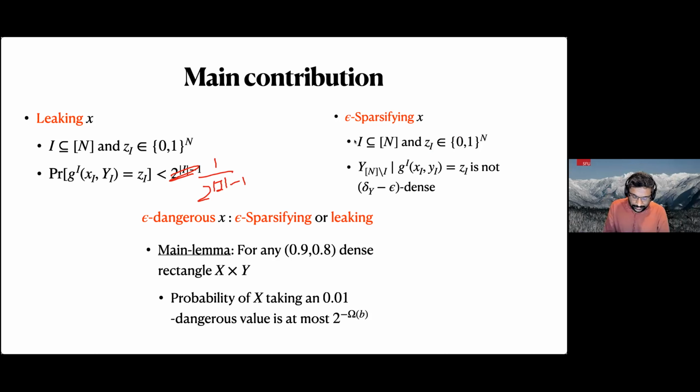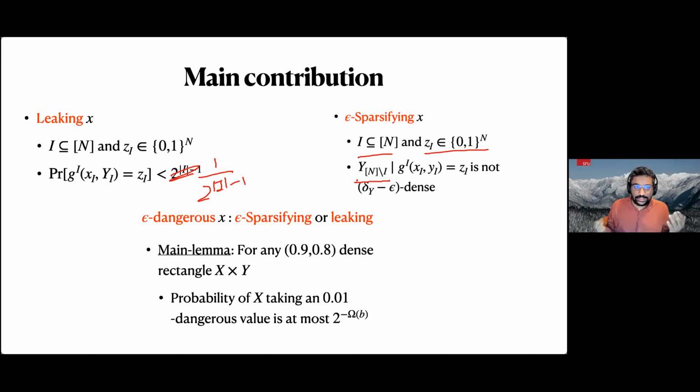So X is leaking if the query answer reveals more than I bits of information. And X is epsilon sparsifying if there exists a set of blocks and a query answer such that the density of Y outside these queried blocks is lost. Initially it was delta Y dense, and now because of this conditioning, the density is lost.